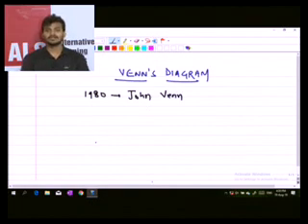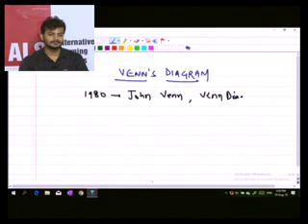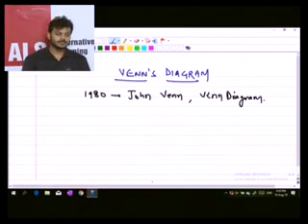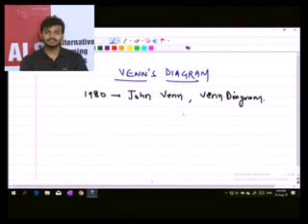In 1980, he discovered the Venn diagram, and the diagram is named after him. Initially there was another scientist called Euler.